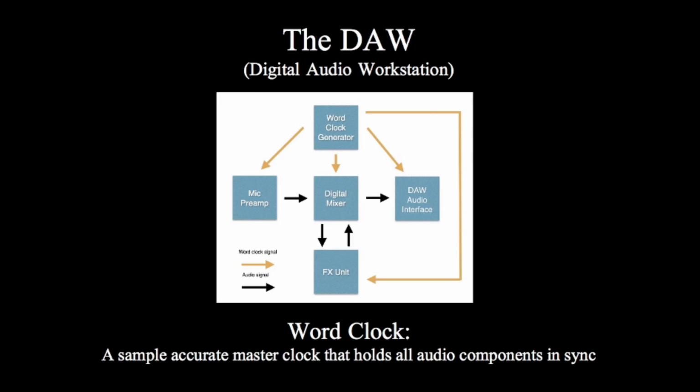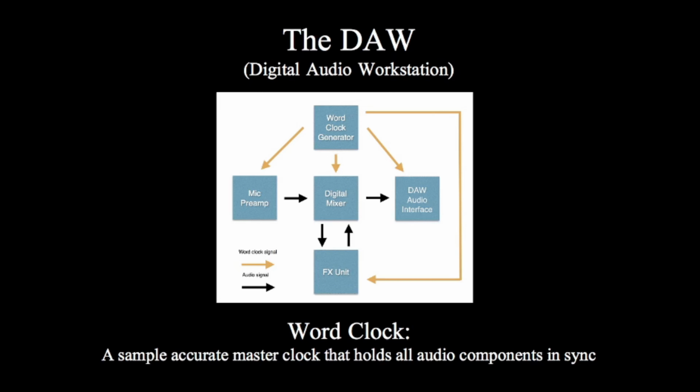That is the master device, your computer. All of the other devices in your system are going to be what we call slaved to it. So that means that they are listening for that tick, and they are letting the master let them know where they are. All it is is a tick, only much, much faster. And this keeps them all in sync with one another.